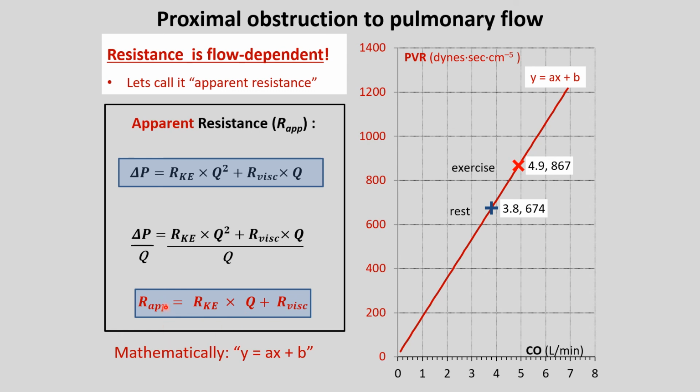So I coined this term of apparent resistance to bring attention that what you measure as apparent resistance is going to depend on flow and is not a true description of severity of disease. We have to go inside this term here to figure out the combined area of the vessels that are stenotic.